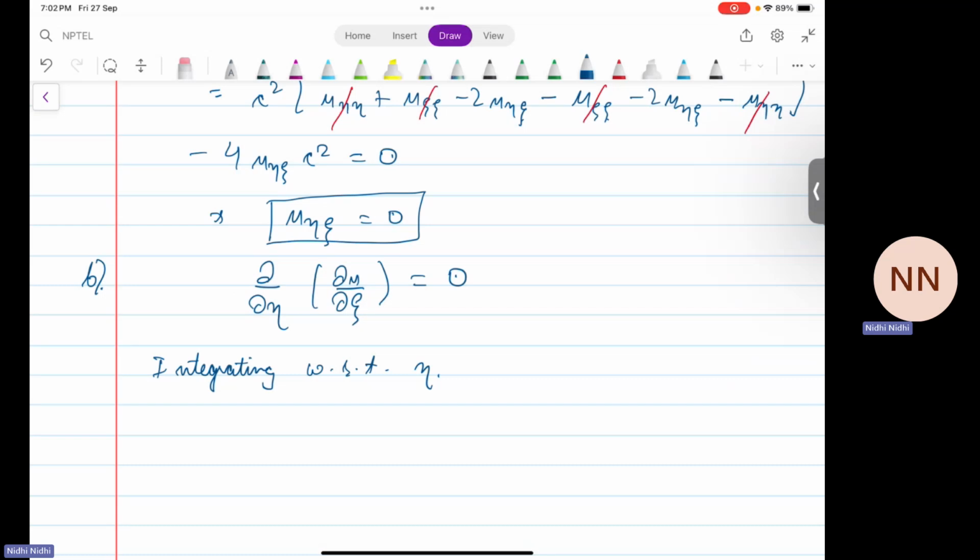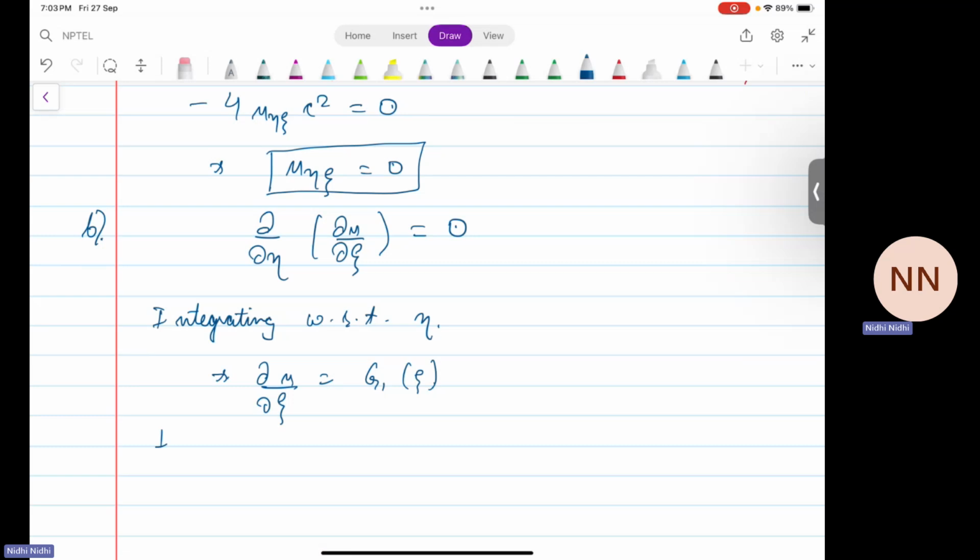That means it is some function of zeta. So del u by del zeta is nothing but some function g1 of zeta, because in that case only its derivative with respect to eta will be 0.